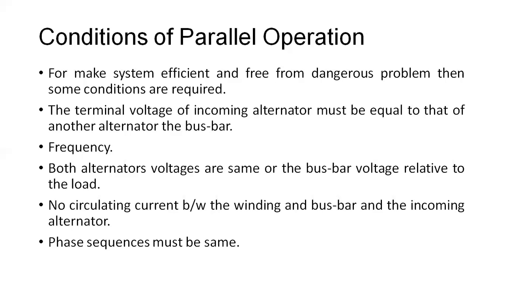Number one, the terminal voltage of the incoming alternator must be equal to that of the other alternator, the bus bar. Clear? That is, the bus bar voltage and the terminal voltage of both alternators should match. The frequency of the two alternators also should match.